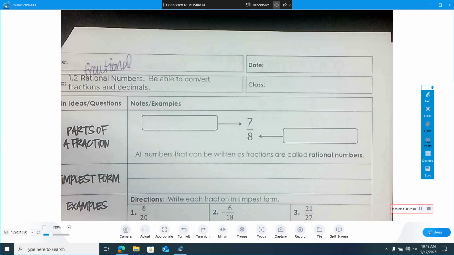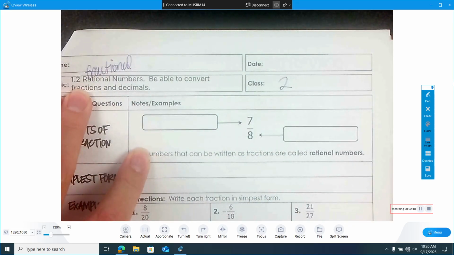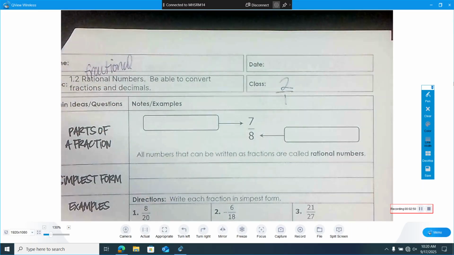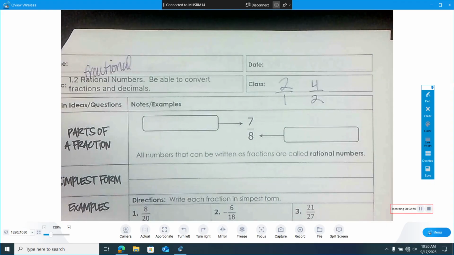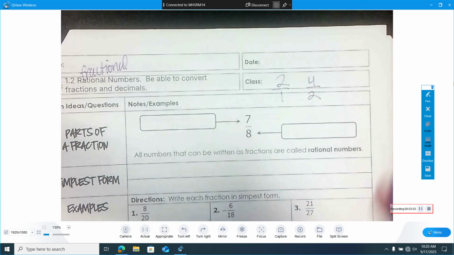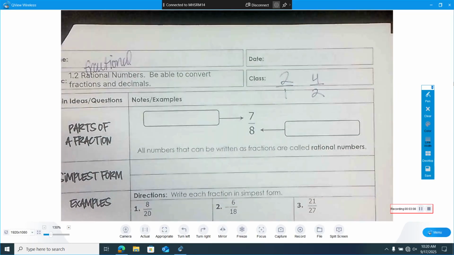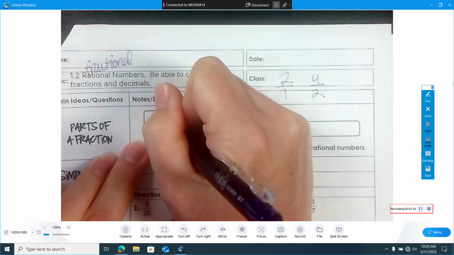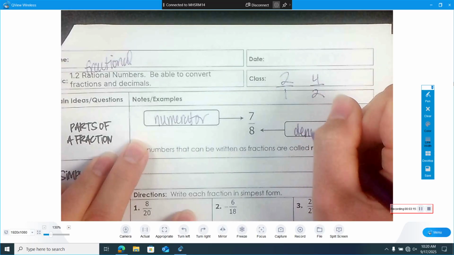Okay? Is 2 a fraction? It's a trick question. Is 2 a fraction? Yeah, it is, because I can make it a fraction, 2 over 1, right? And I could also say it's the same as 4 over 2. That's also 2. So I can take any number and make it a fraction just by putting a 1 under it. But rational numbers would be something like this, where we have the numerator, and I know you know this already, and we have the denominator.